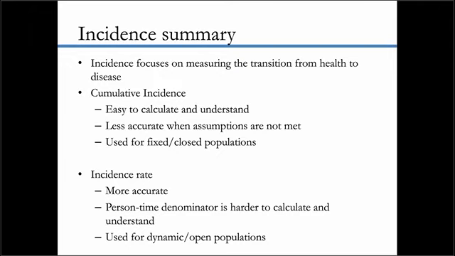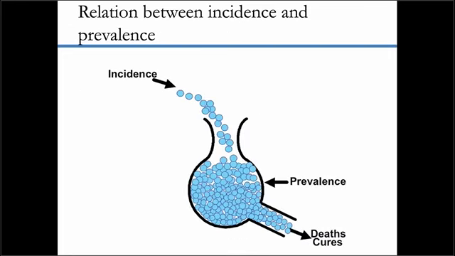So in those instances, our incidence rate becomes a more accurate measure because our person time denominator gives us the amount of time that each person in our study is contributing to risk for the disease. However, that person time denominator is a little bit harder to calculate and understand, especially for the lay public, but it does give us a better and more accurate picture of what that rate of new disease is over time.